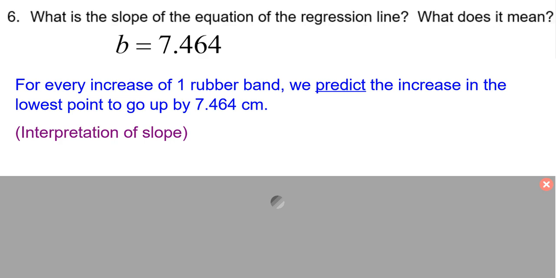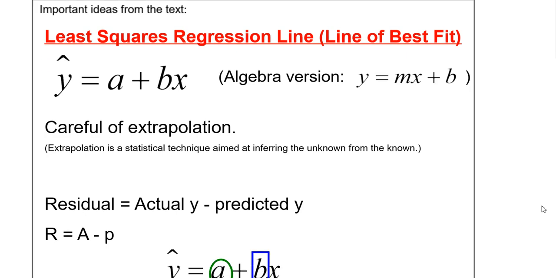So hopefully there's a lot of review of things that you talked about with your linear equations in Algebra 1, Algebra 2, and pre-calculus. We're just going back and talking about those lines of fit. If we look at our big ideas, we have the following. We know our least squares regression line is the line of fit, your typical slope-intercept form. This is what we're used to seeing in algebra class, and this is what we see in statistics class.